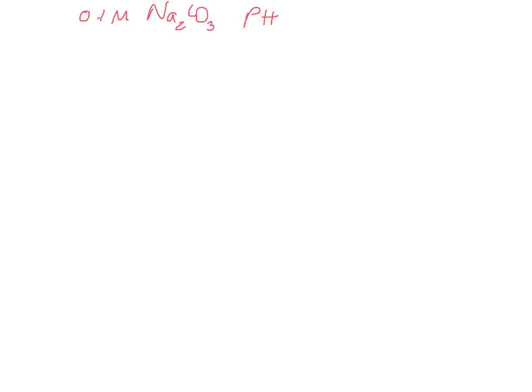So if you think about what kind of species would be available, realize that sodium carbonate gives CO3 2 negative, and its conjugate acid is, you add a proton to that and you will end up getting HCO3 negative.